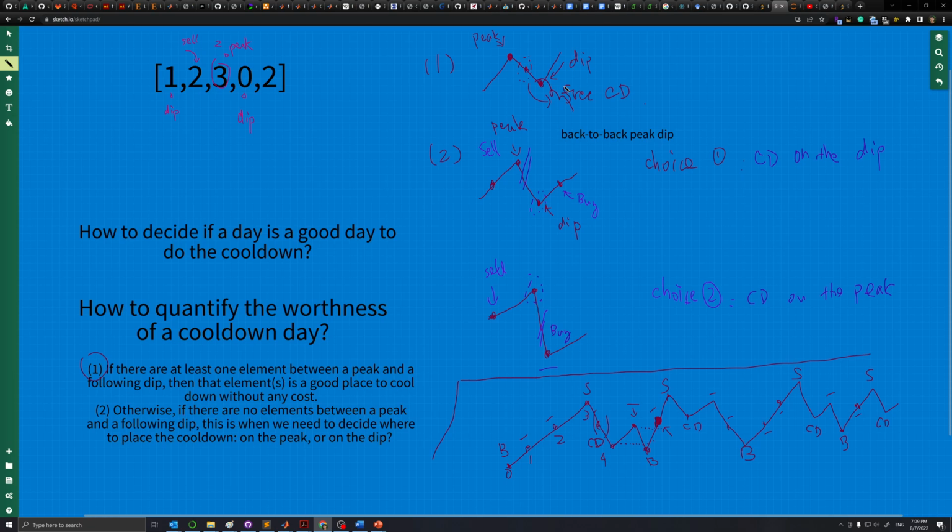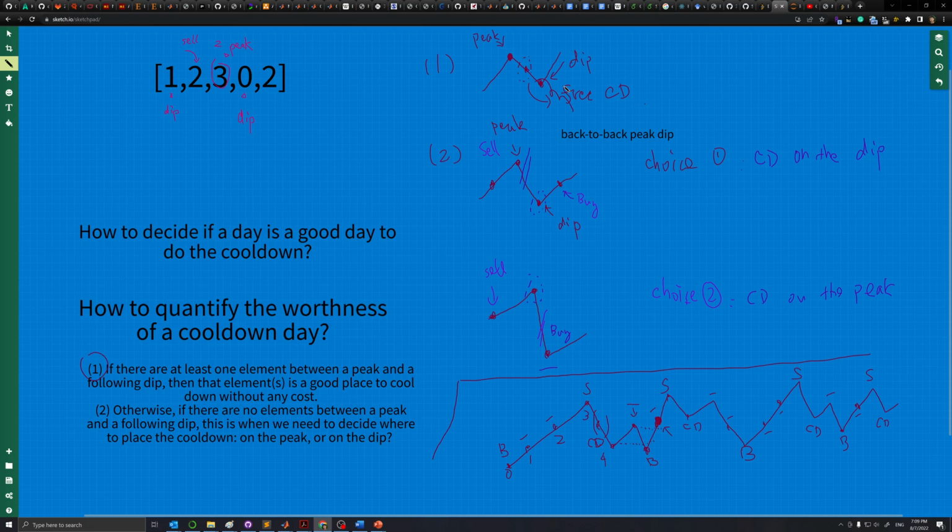If we don't do anything during stock dropping, that's fine. We only get money by riding the upward wave, right? The downward slide, you can do all the cooldown you want.